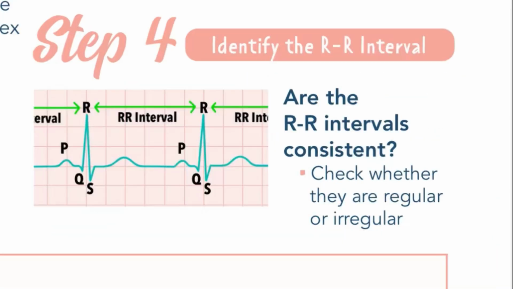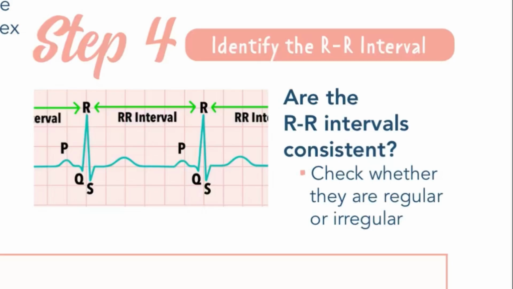Step four is identify the RR interval. Here you can see the RR interval. Always assess whether the RR intervals are constant. They should be constant. Check whether they are regular or irregular. In bradycardia, you see the RR interval increase, and in tachycardia you will see the RR interval decrease.